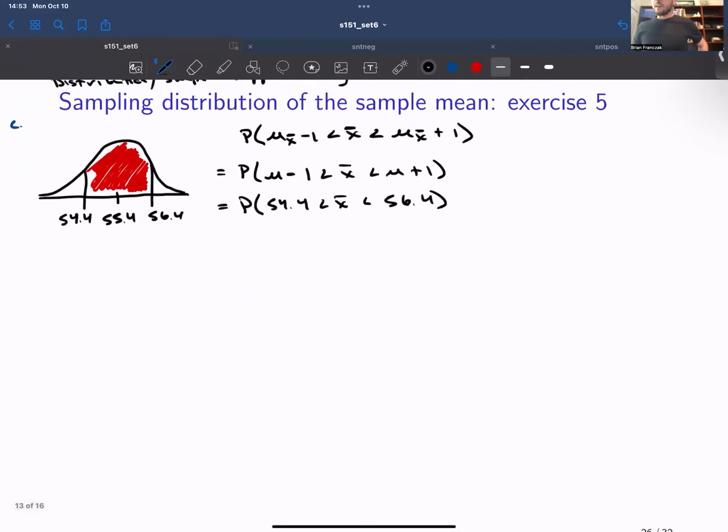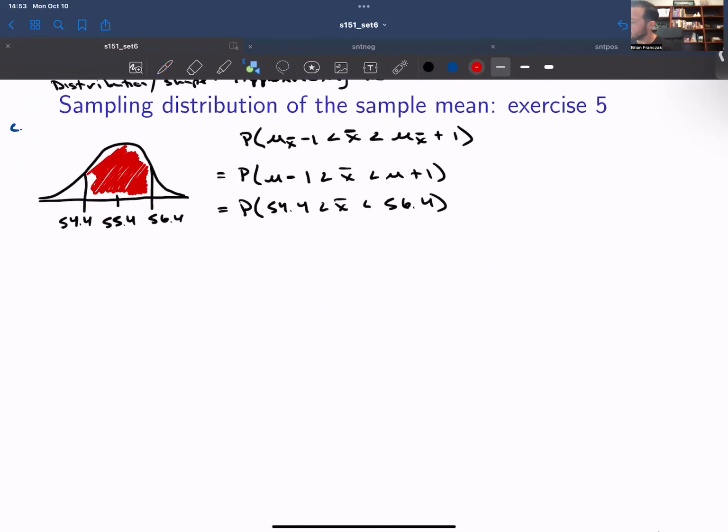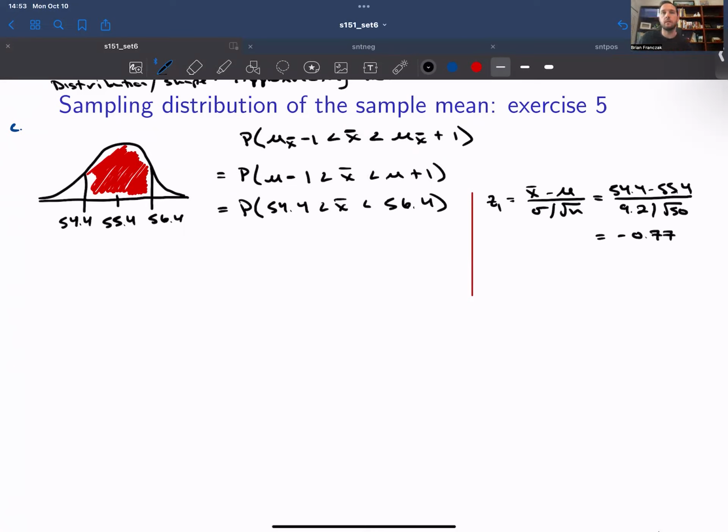All right, now I have to standardize my limits. We know how to do this from our previous examples. So Z1 is going to be x bar minus mu over sigma divided by the square root of n. So that's going to be 54.4 minus 55.4 divided by 9.2 over the square root of 50. That gives negative 0.77.